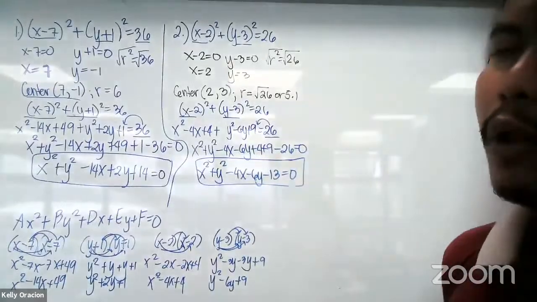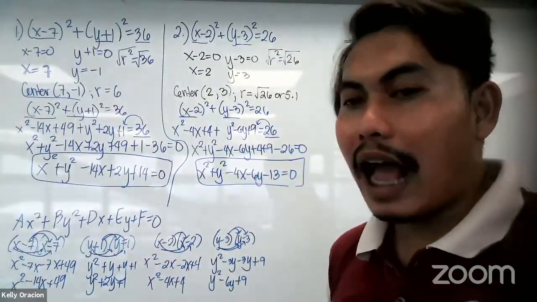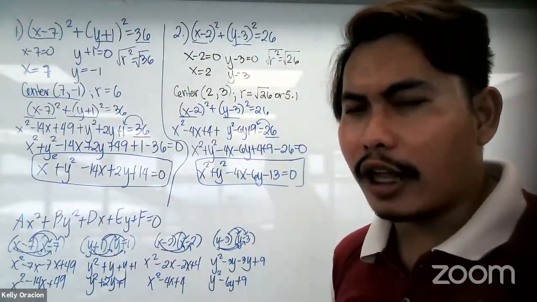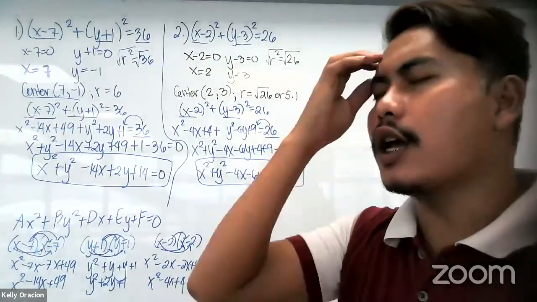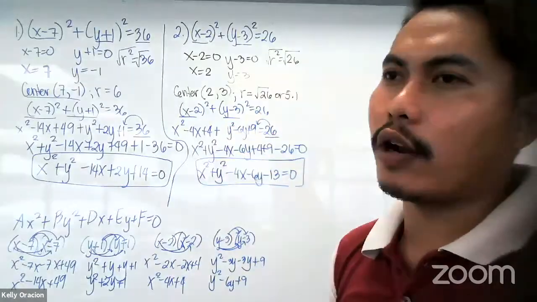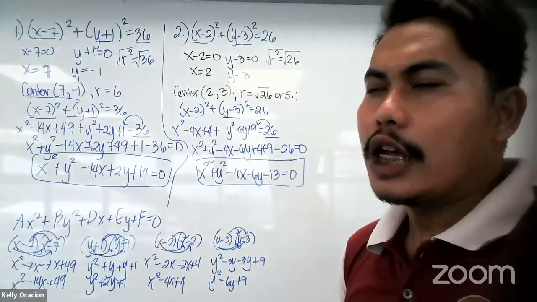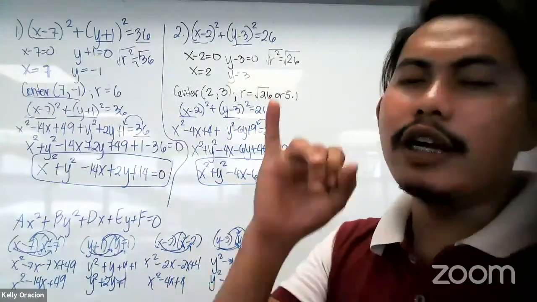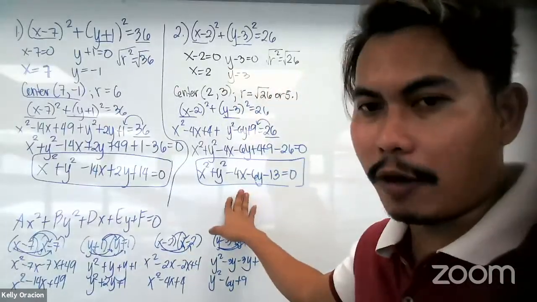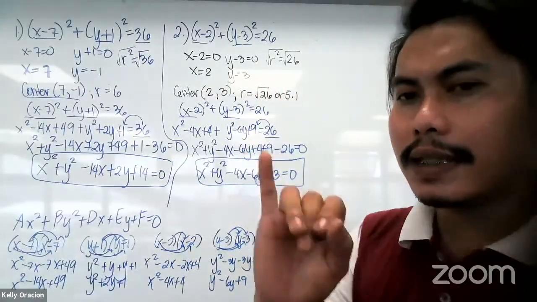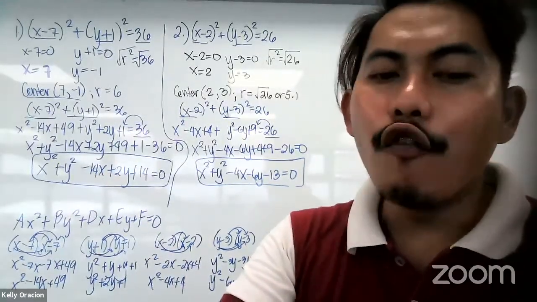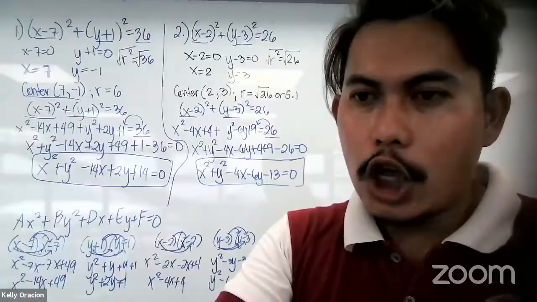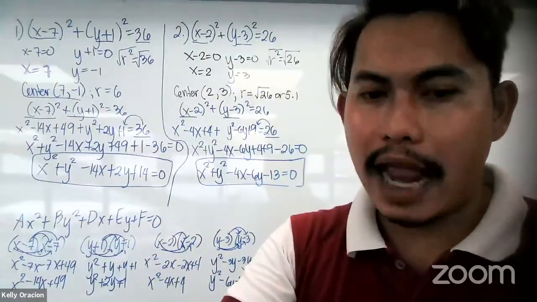I will be expecting more than 20 of you to chat, and I expect that you will be able to solve number 3. You need to get the center, the radius, and the general form. You have 4 minutes to do that. So time starts.